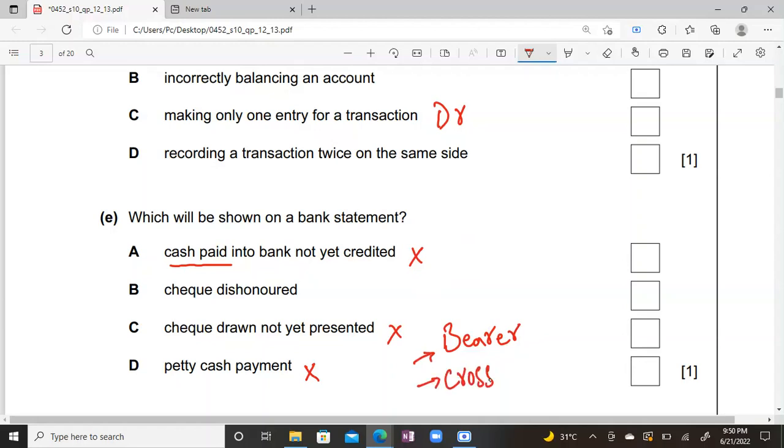Normally businesses, to be on the safe side, issue crossed cheques. A crossed cheque means that the person or business receiving it must have an account, and the amount will be transferred to that account. That's why it takes time. 2 to 3 normal processing days are required, so that is still not on the bank statement. So the only option left is cheque dishonoured. Yes, whenever a cheque is dishonoured, it is shown on the bank statement, and this is our correct answer.